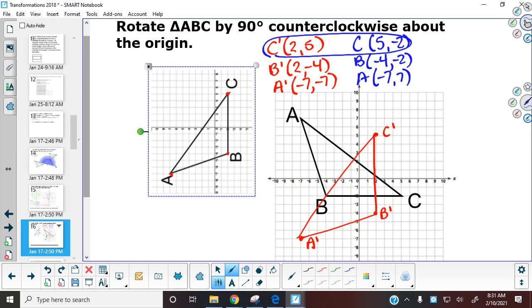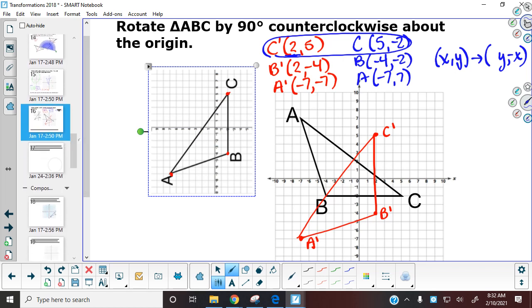Hopefully you're recognizing that the X and the Y change locations. My X and my Y change locations, but then my original X value turned opposite. So it turned from positive X to the opposite of X. Notice it's not always turning negative, it's opposite. So if it had started negative, it would then turn positive.